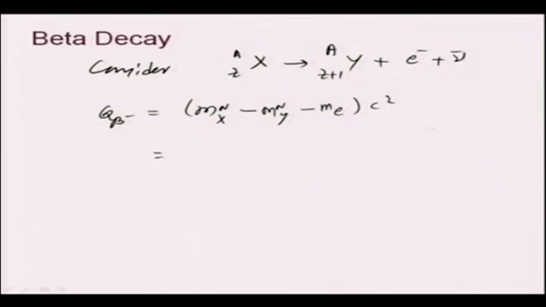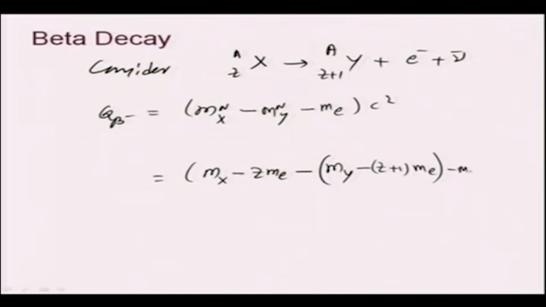If I want to write it in terms of the atomic masses, it will be m x, the atomic mass, minus, since x has Z protons in it and therefore Z electrons in the atom, Z m e, minus [m y, the atomic mass of the Y atom, minus Z plus 1 m e, since there are Z plus 1 protons and therefore Z plus 1 electrons in the atom], minus m e, all times c square.